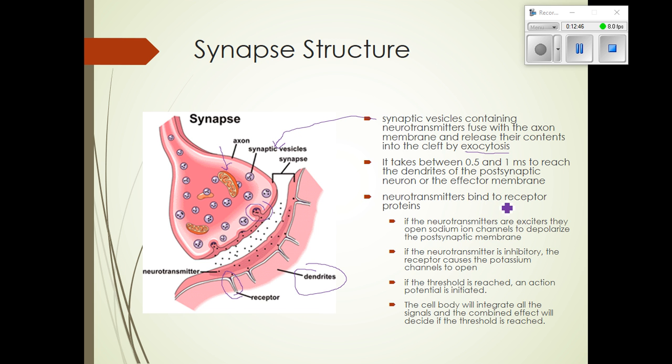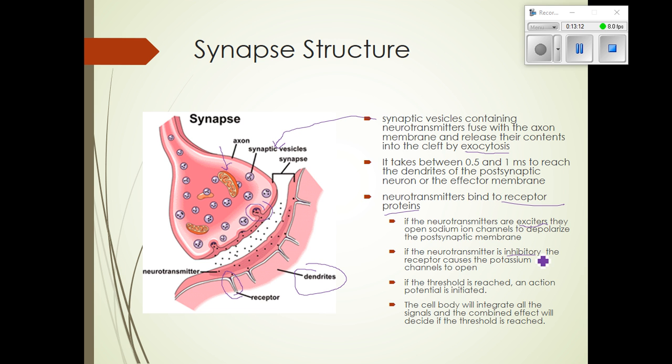So neurotransmitters bind to receptor proteins. They can be different shapes and sizes, but there needs to be a structure or a protein where the neurotransmitter can attach. If they are excitatory, they cause sodium channels to open and they depolarize the postsynaptic membrane. So they do something similar to what happens at the beginning of an action potential.